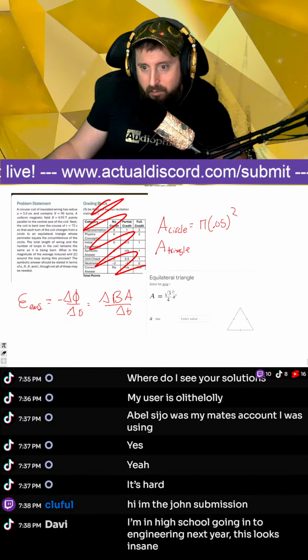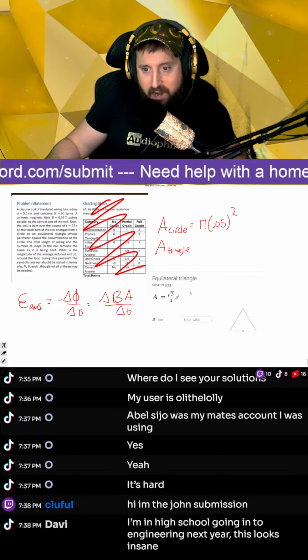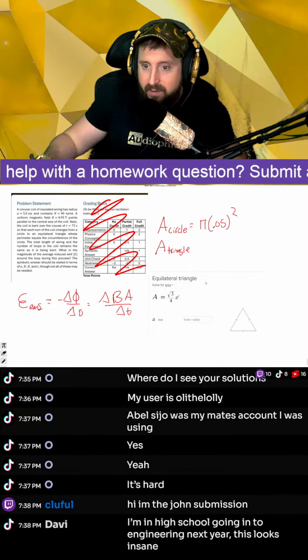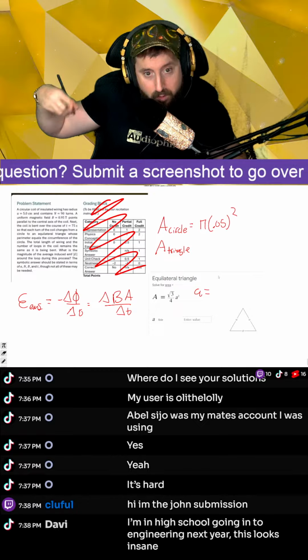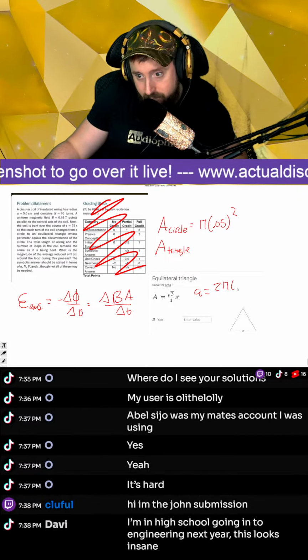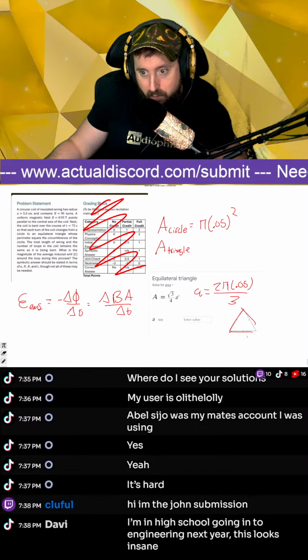Okay, the area of an equilateral triangle is equal to the square root of 3 over 4 times the side length squared. And in this case, we know the perimeter is equal to the circumference of the original circle, which was 2 pi times 0.05, and then that's all divided by 3, because it gets divided into 3 parts.